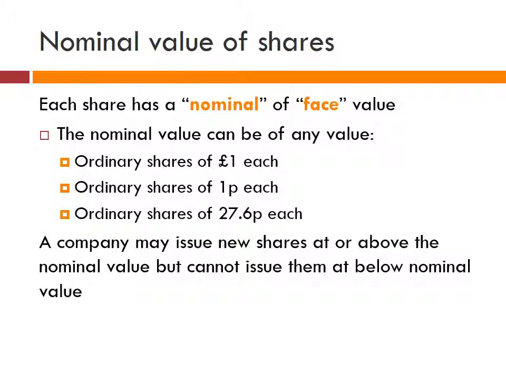The company can issue shares to new shareholders at that nominal value, or it can issue them at above the nominal value, but they're not allowed to issue them at below nominal value.